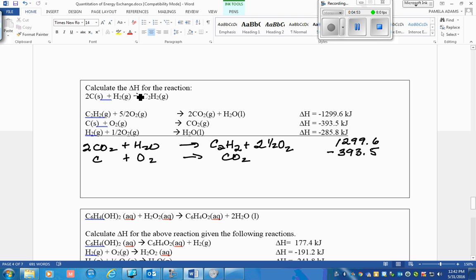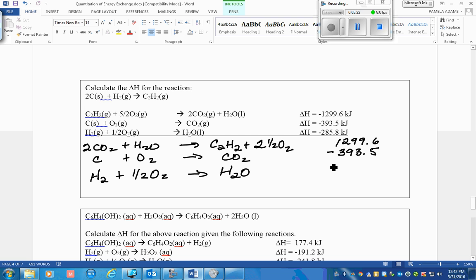Now, I don't see water anywhere in this reaction at all. I know it needs to cancel out. I have water up here, so I bet I'm going to need water over here. I see in this elementary reaction I have hydrogen as a reactant, and I have hydrogen in my target, so I'm going to leave this as it runs as well.